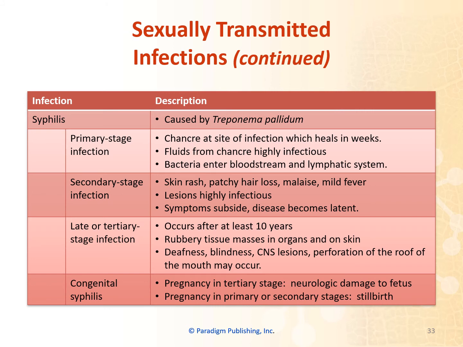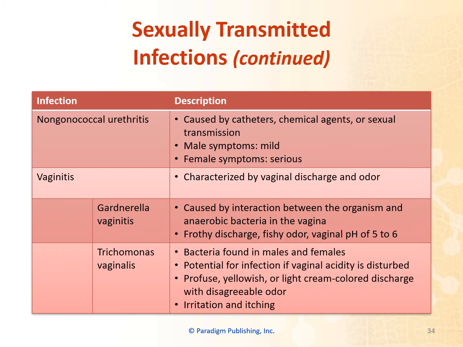Syphilis has different stages, and unfortunately, if that goes untreated long term, it actually can be fatal. There's some more description of these, like I said, in your book, if you wanted to read more about those.